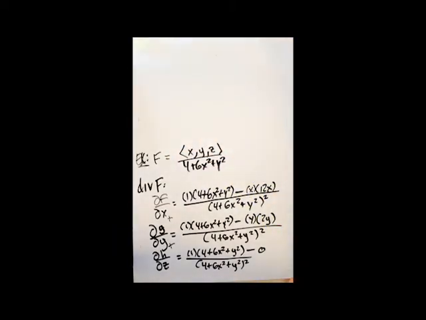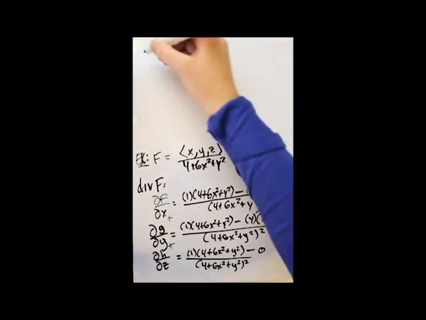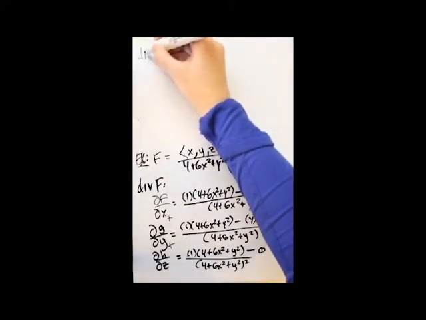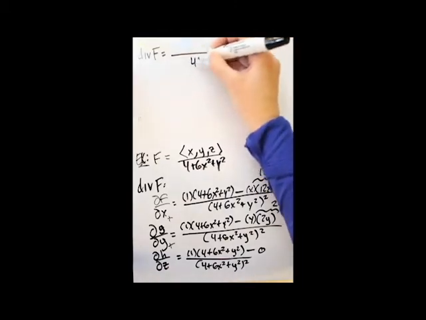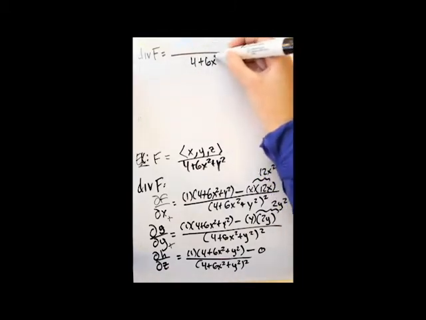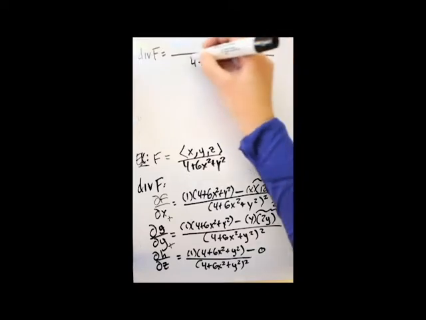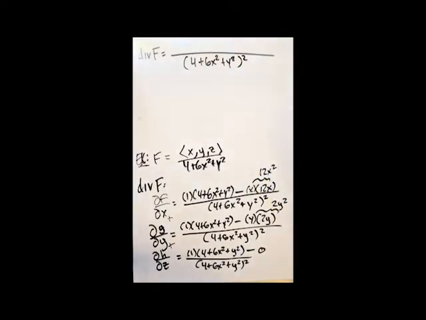Notice we have the same denominator for all three terms, so we keep that denominator. The divergence of F is going to be over our common denominator, 4 plus 6x squared plus y squared, quantity squared. Let's do the algebra.